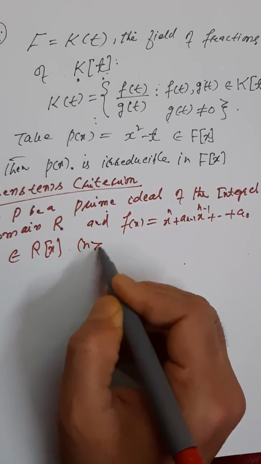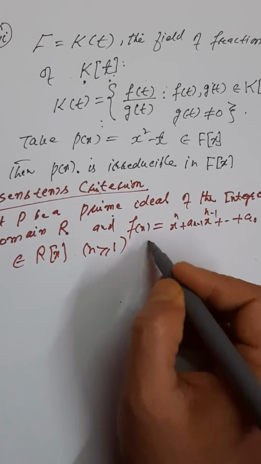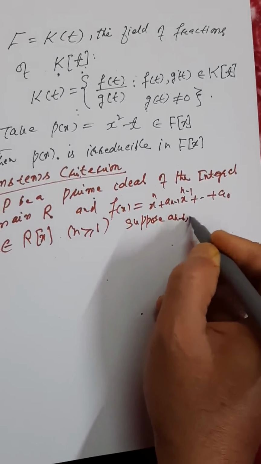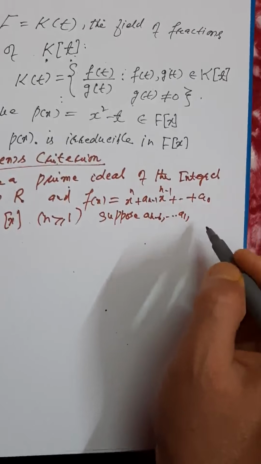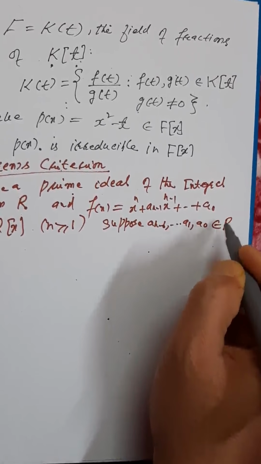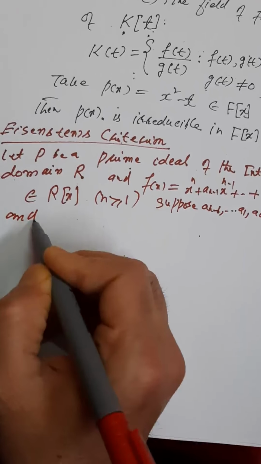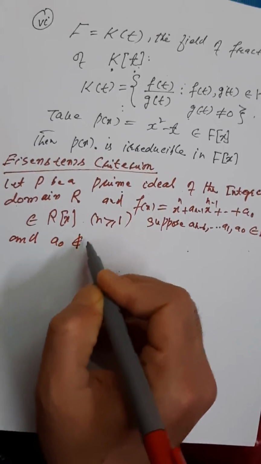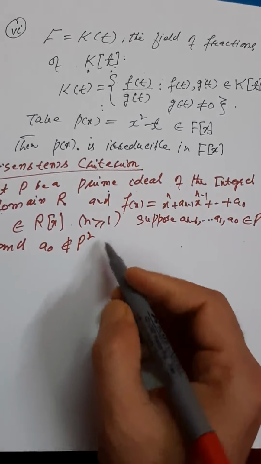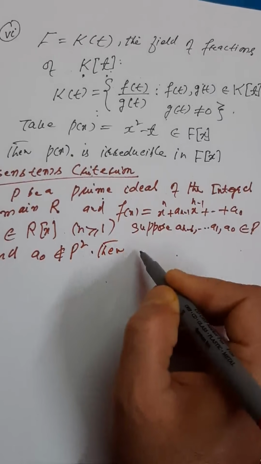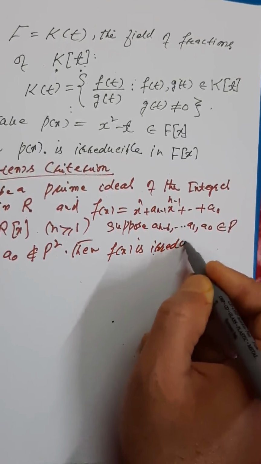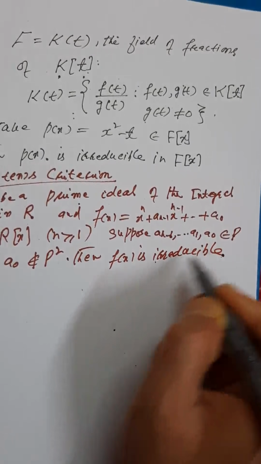So n here is greater than or equal to 1. Suppose a_{n-1}, and so on, a1, up to a0, belong to this ideal P, and a0 does not belong to P square, the ideal P square. P square means the product of ideal P with P. Then f(x) is irreducible in R[x].